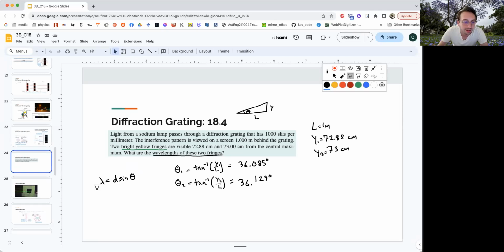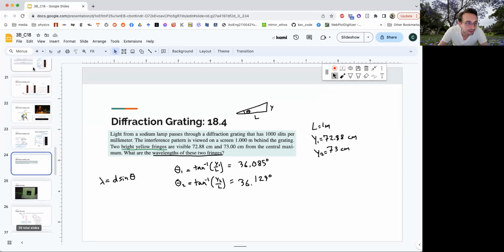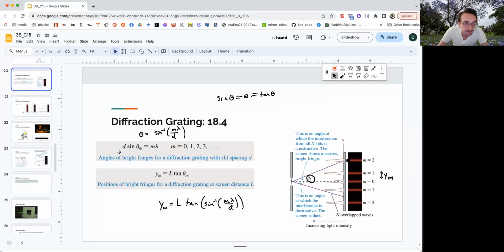Okay, so how do we know that? Well, if we go back to our equations up here, the formula for theta is that d sine theta sub m is m lambda.